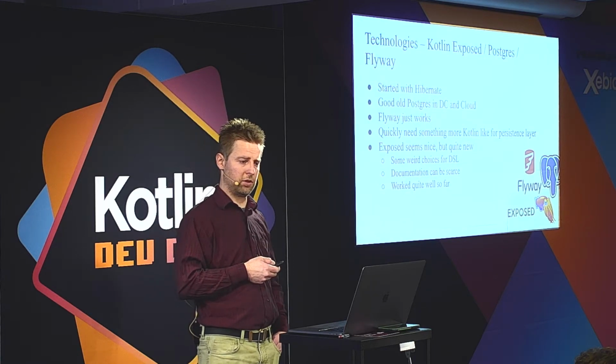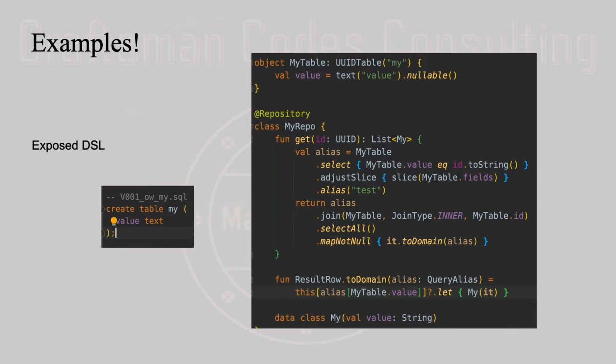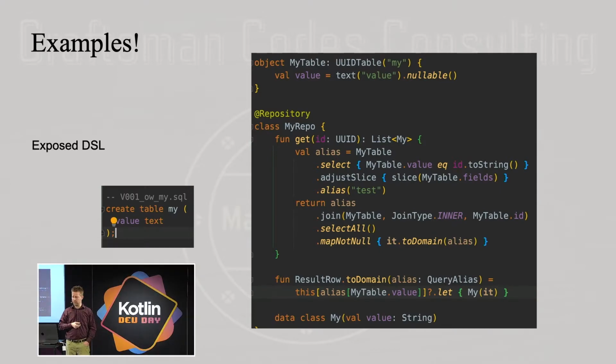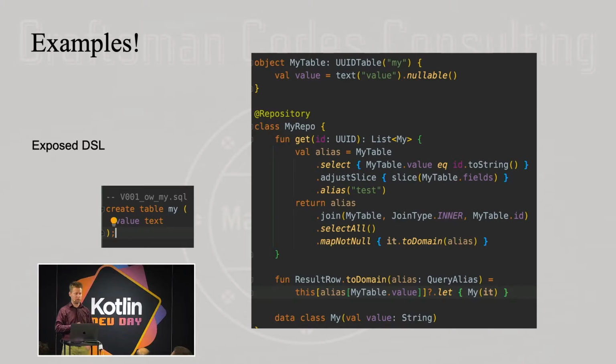We've been quite happy. So let's take an example here. On the left, I create my small table with my Flyway script, and then on the right, I create this syntax where we create a table, then create a repository where we use the table, and then you get confusing stuff like, I'm going to do a where clause on my table, and I need to use the word select, which is really confusing at first.